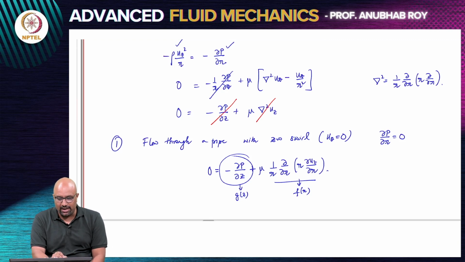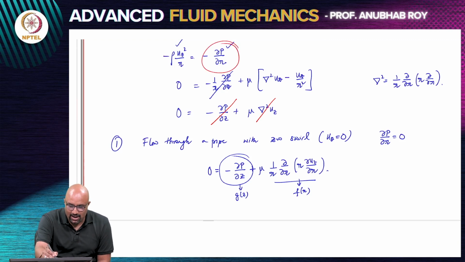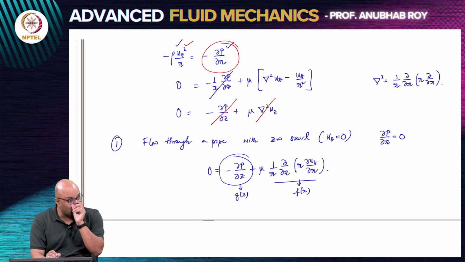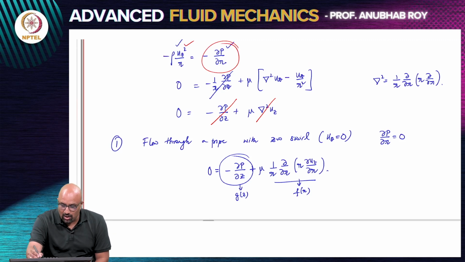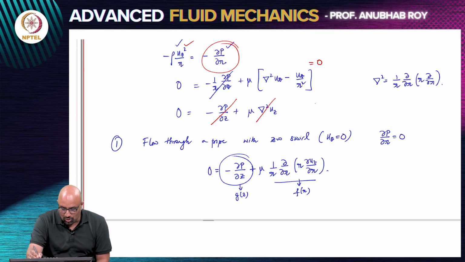There is no axial pressure gradient, but there is a swirl, which means there is a radial pressure gradient which will balance the azimuthal velocity. But then you are going to look for solutions for which this is equal to 0. And you can work out that ordinary differential equation and you will find that there are two solutions. One is a constant times r and the other is a constant divided by r.